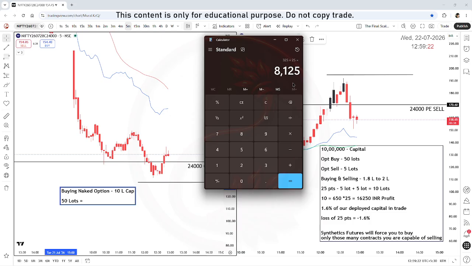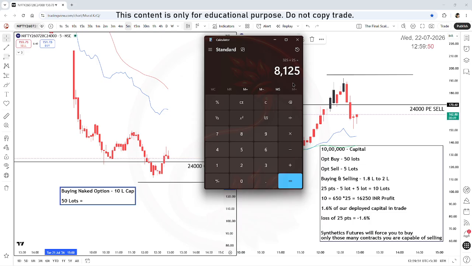I have even seen people losing crore plus buying options with zero idea of how options work, right? So this entire thing that I have just explained about synthetic futures is going to help you preserve your capital. What am I saying indirectly? Or even for that matter, what SEBI is saying indirectly?